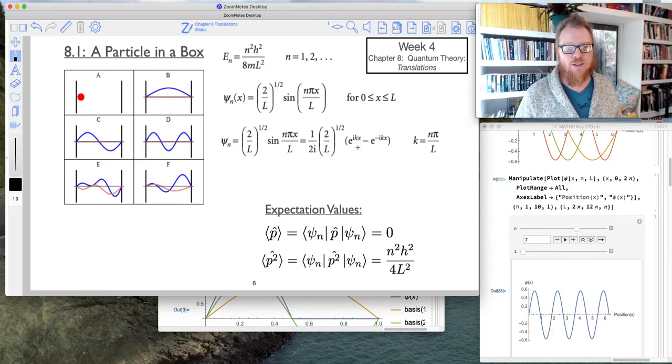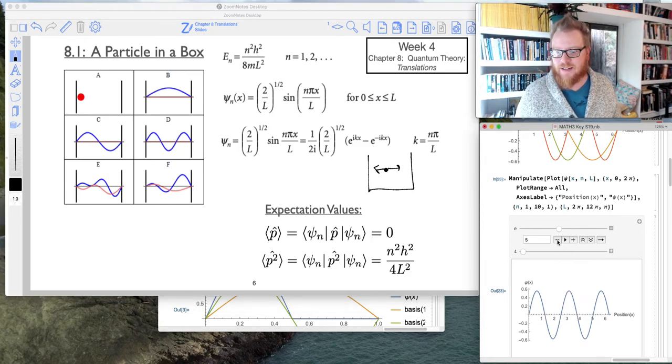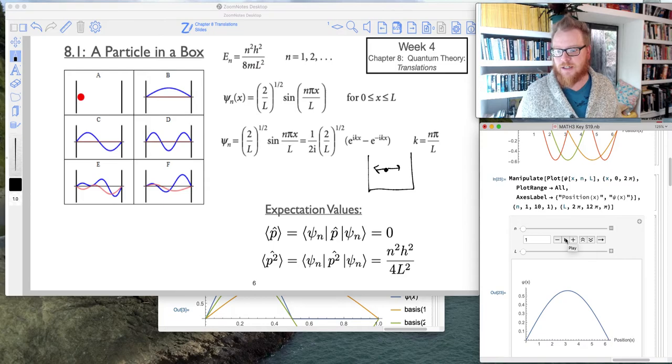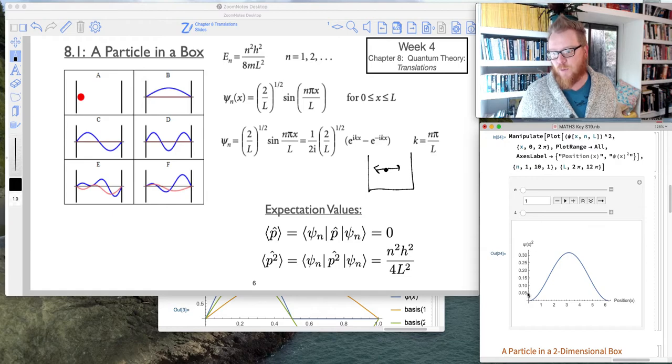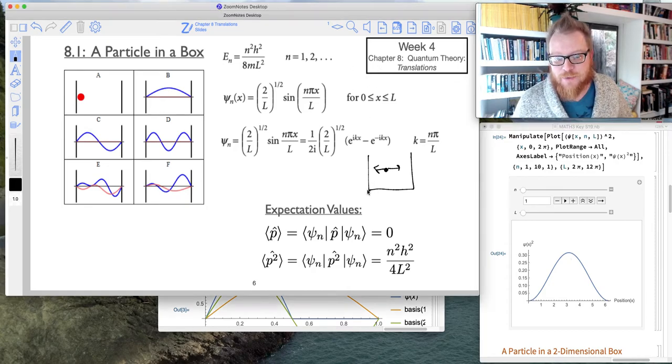Does that make sense? Well, I think it does, because if I look at my particle right here, we know that the particle is free to move in either direction. And we established here when n is equal to 1, so here I'm showing you the wave function. But now if I just go past this and I look at the wave function squared, we know that it's all positive values. Look, that wave function squared is telling me the most likely place to find that particle is right somewhere in the middle.